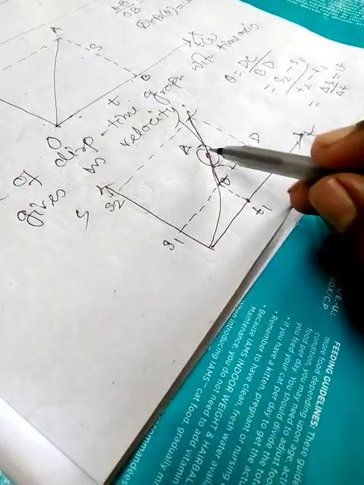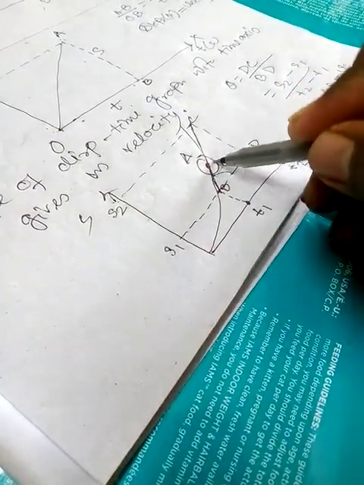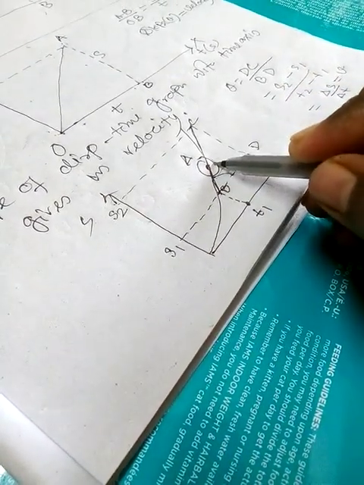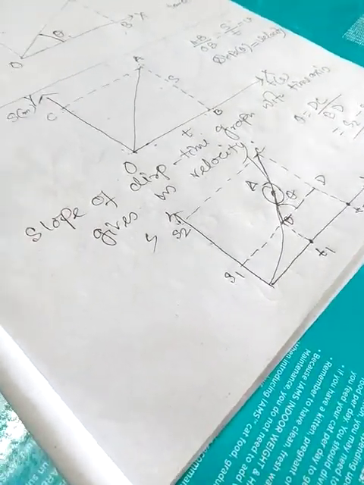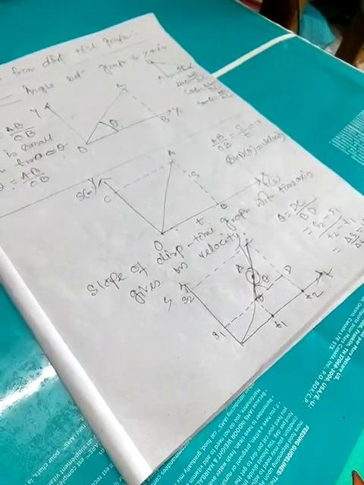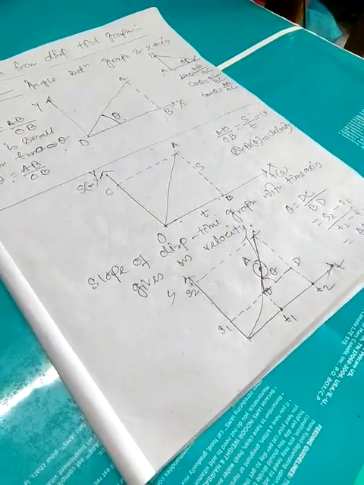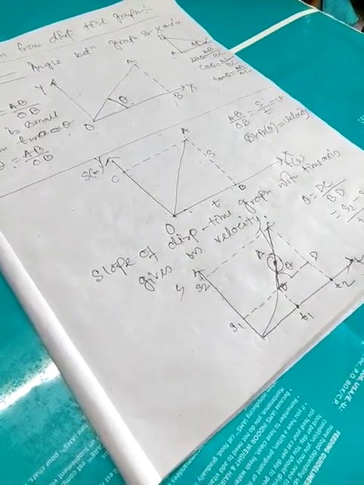So here also we are able to find the velocity at point A. So by finding the slope of a displacement time graph, we can find the velocity.